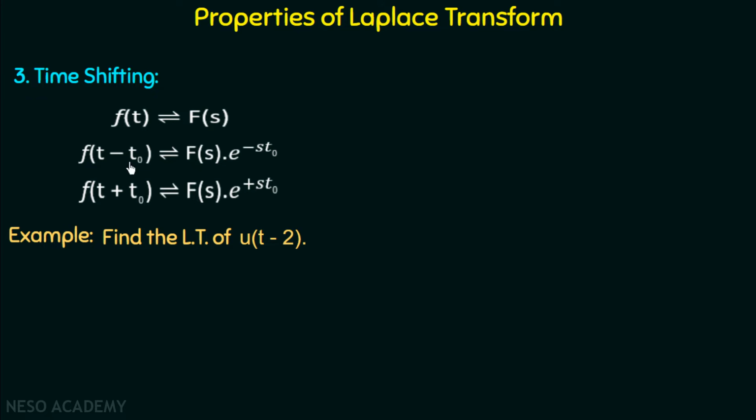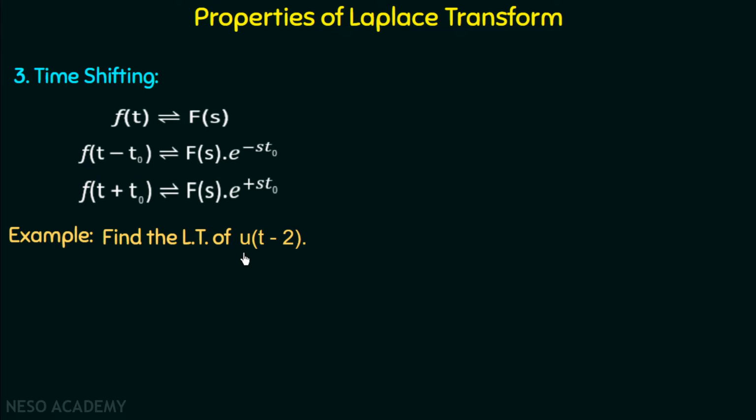Yes, it is the right shifting, and this is our first case, f of t minus t naught, and its Laplace transform will be F of s multiplied by e to the power minus s t naught. And in this case, F of s will be the Laplace transform of u of t, and we already know the Laplace transform of u of t, right? It is 1 over s.